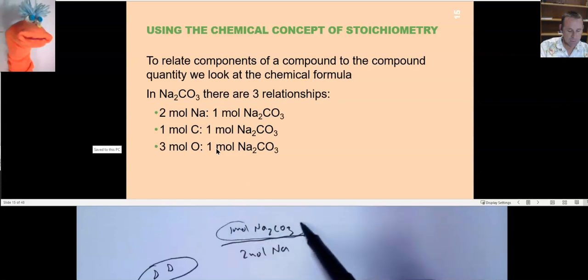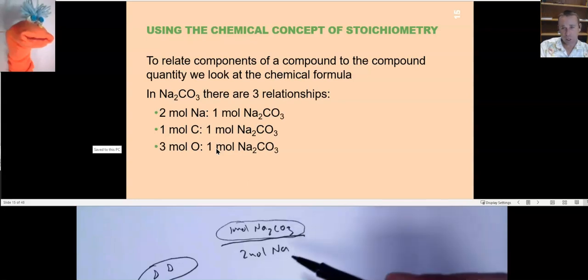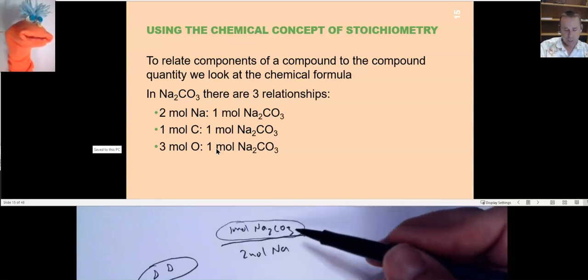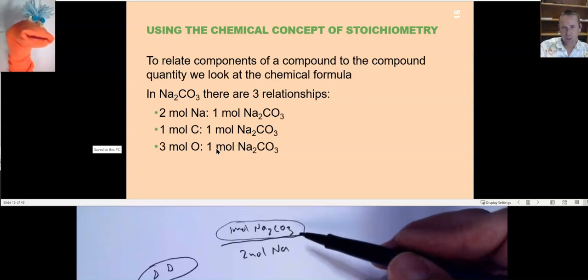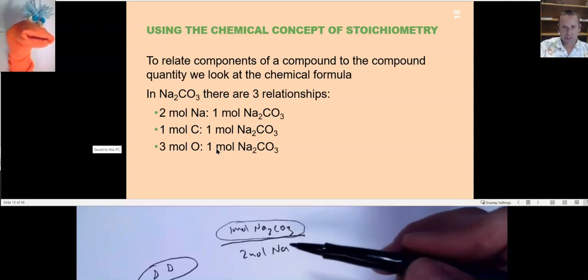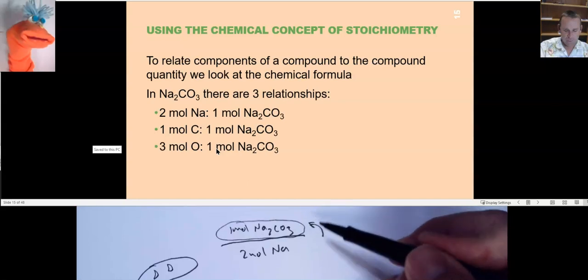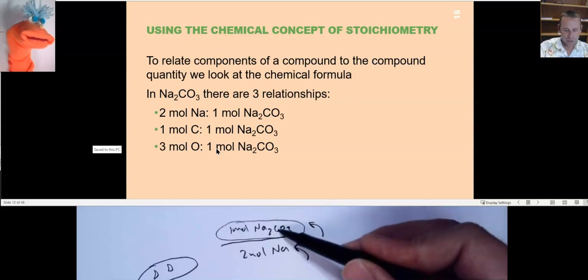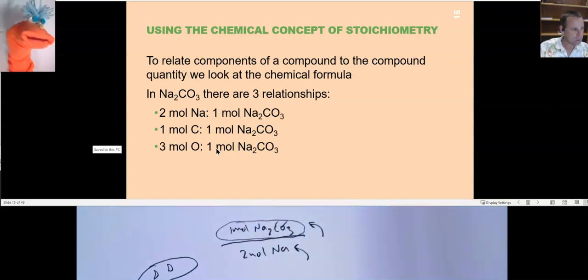It's saying I have 1 mole of this, and within that mole, there are 2 moles of sodium, 1 mole of carbon, and 3 moles of oxygen combined. Now the term mole is new to us, so if that bothers you, you can think of a dozen. If I have 1 dozen of this, I must have 2 dozens of these, and 3 dozens of those, and 1 dozen of those. Okay? Good.